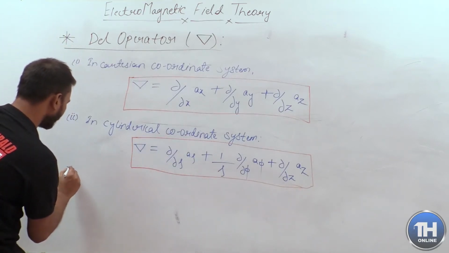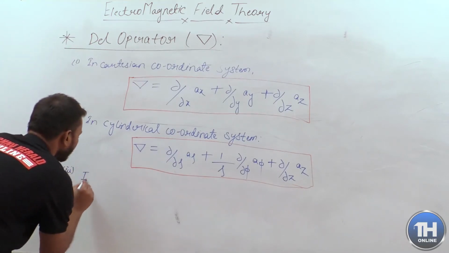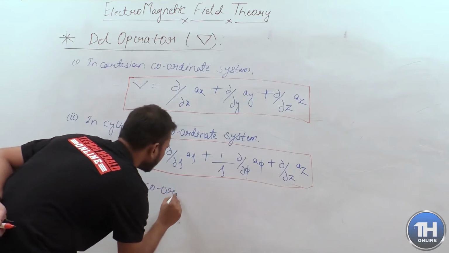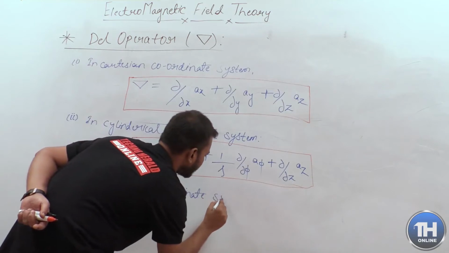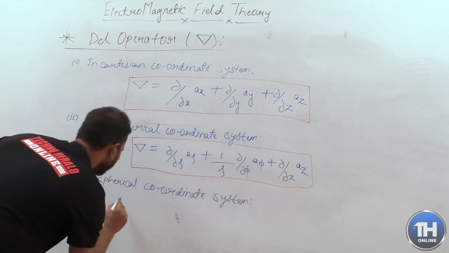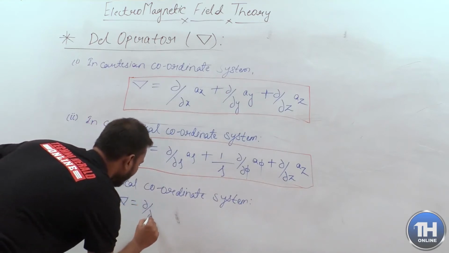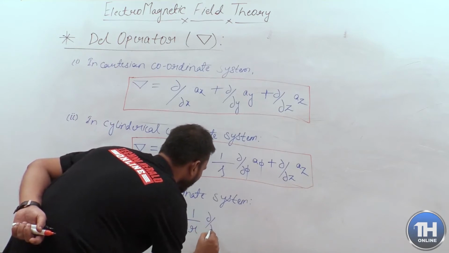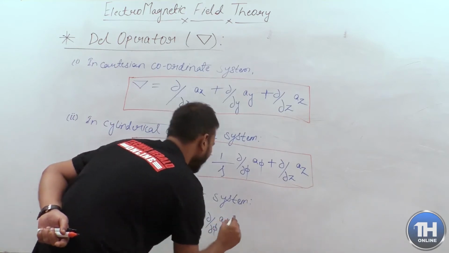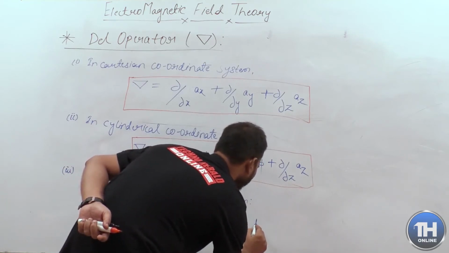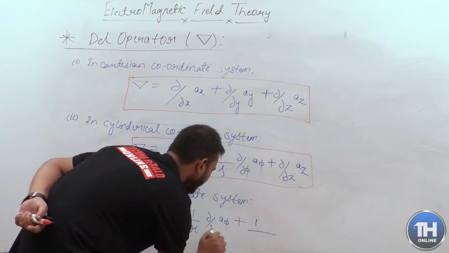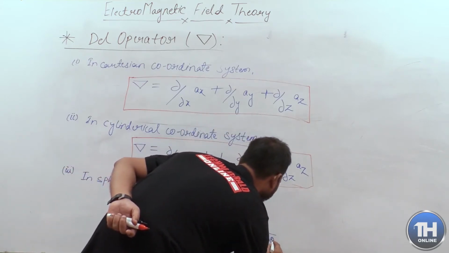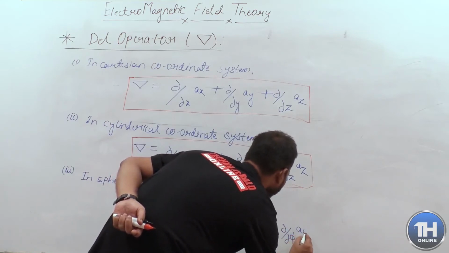In spherical coordinate system, delta is given as del upon del r ar plus 1 upon r del upon del theta a theta plus 1 upon r sin theta del upon del phi a phi.